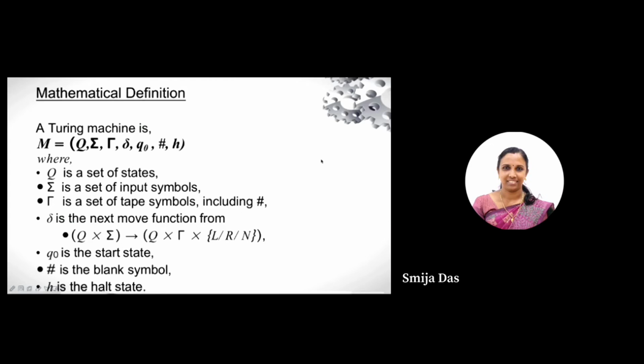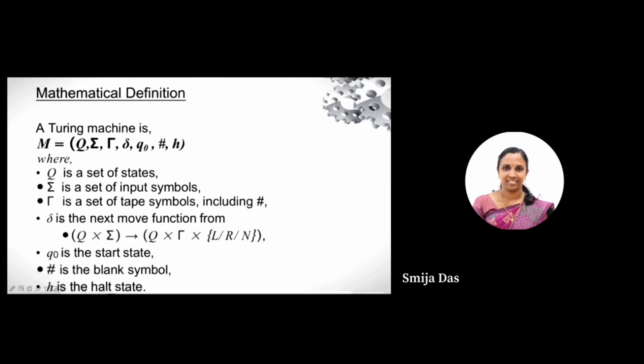Here, hash is a special symbol known as the blank symbol. That is, after the input string, we represent the remaining cells by using this blank symbol. So we include this hash or blank symbol in the set of tape symbols. Note that we are not including the blank symbol in the set of input symbols. We are including it in the set of tape symbols.